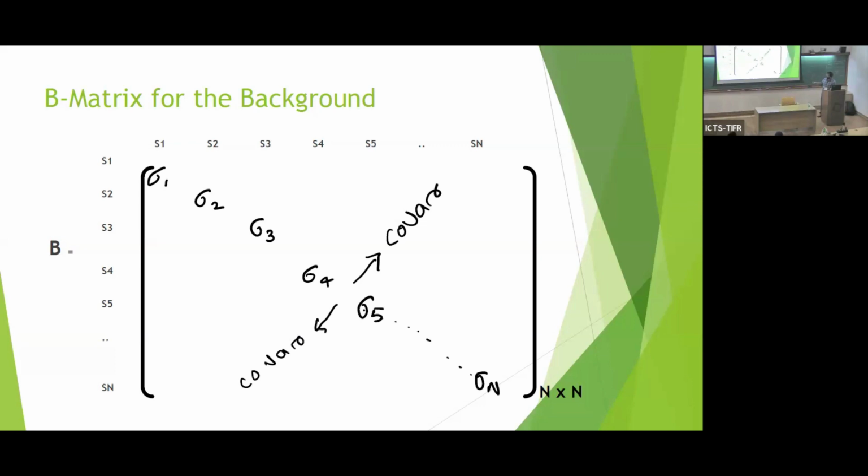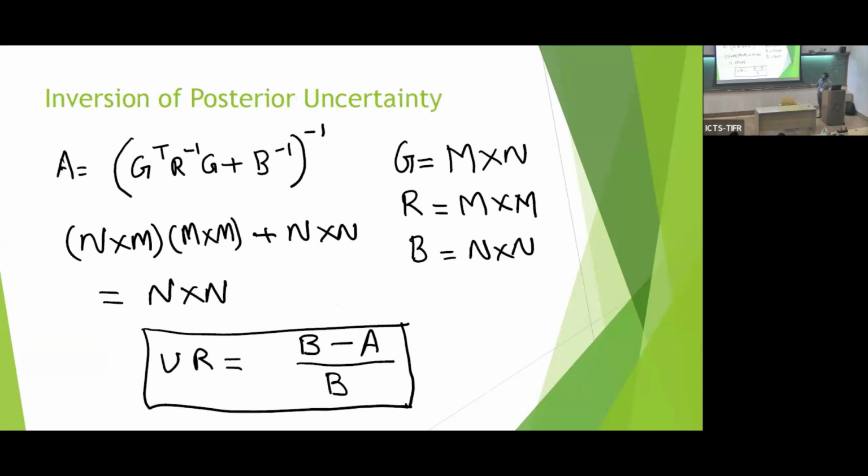This is the error in the x parameter, not in the C parameter. This is B, background, or x parameter, right? And the off-diagonal will be covariances. Here covariances can be there because they are not independent. Covariances are allowed, but in the observational space, we assume the data is spatially uncorrelated. All right, so this is n by n.